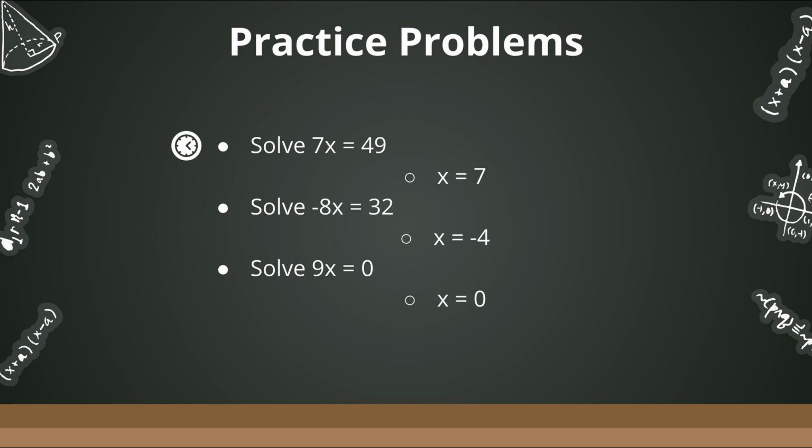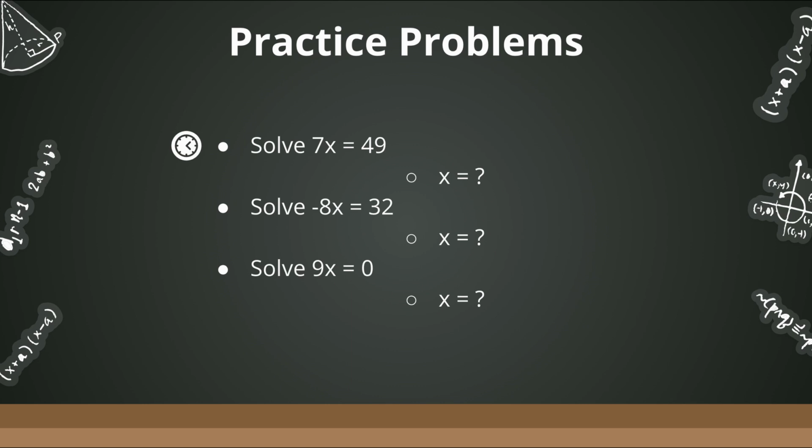Practice problems. Time to practice. Solve the following equations on your own. I'll list them here, and you can pause to work through each one. First one: solve positive 7x equals positive 49.